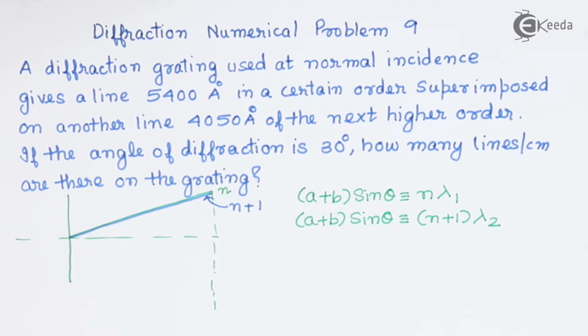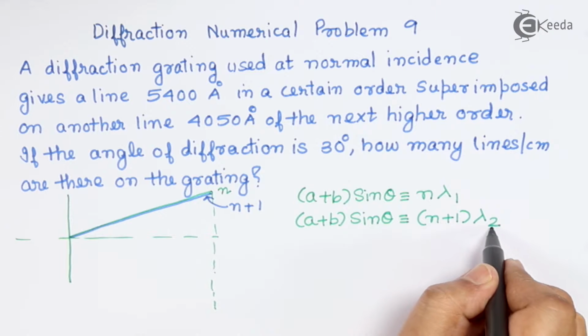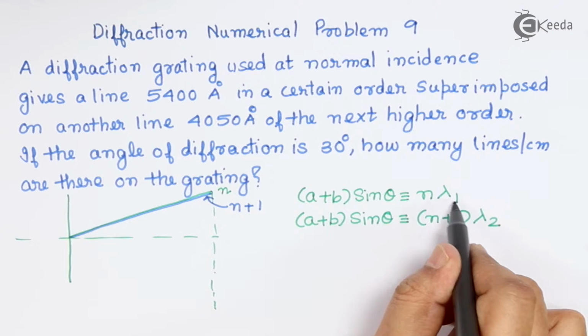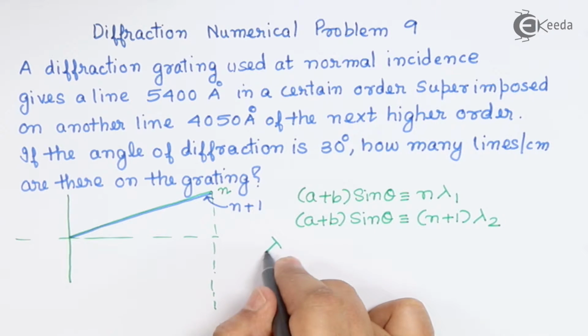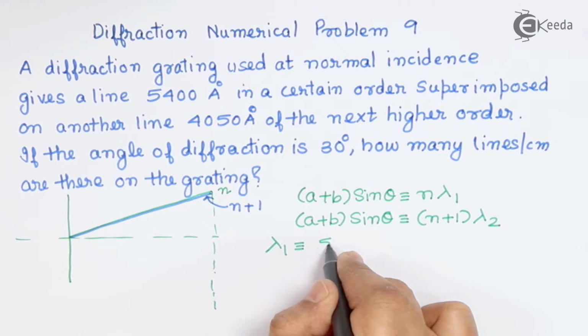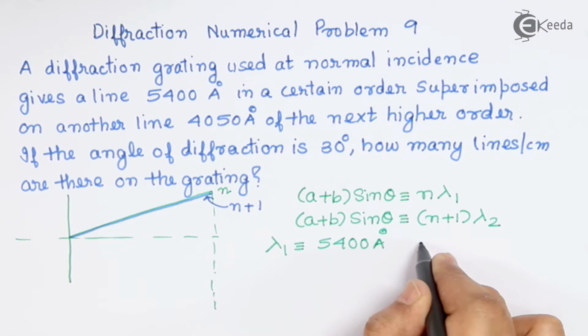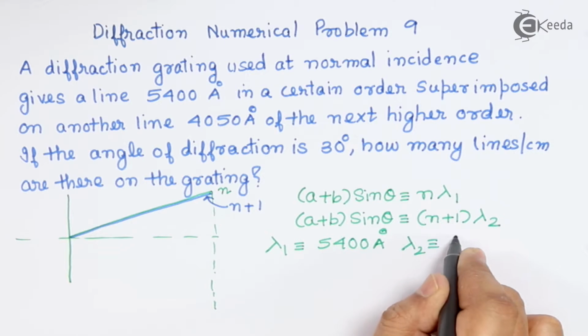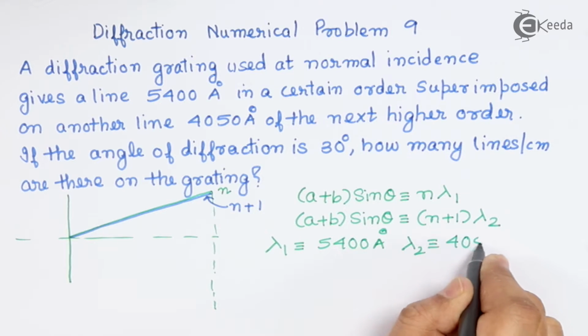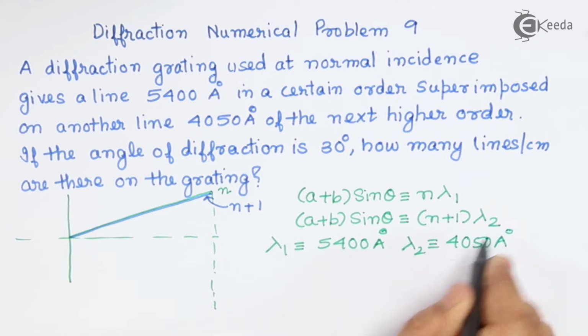We have to be careful to choose lambda 2 as less than lambda 1. So your lambda 1 is going to be equal to 5400 angstroms, and your lambda 2 is going to turn out to be 4050 angstroms.